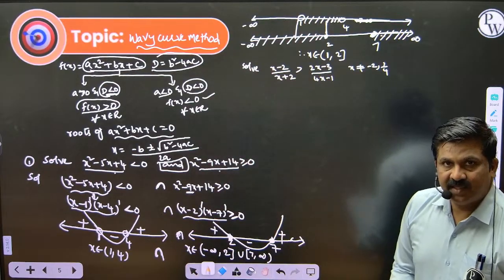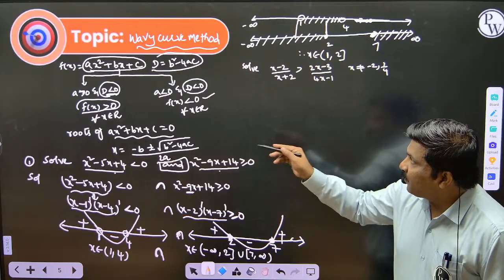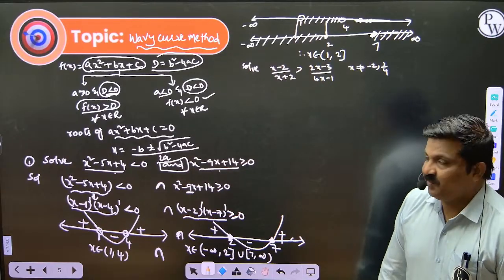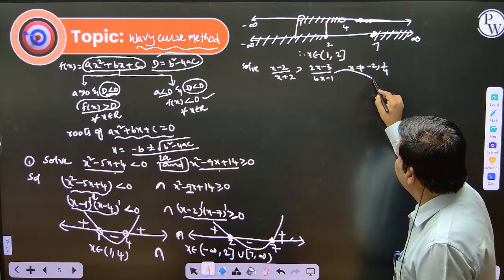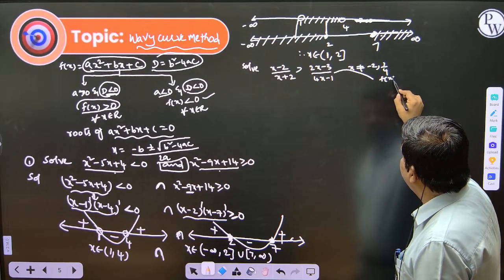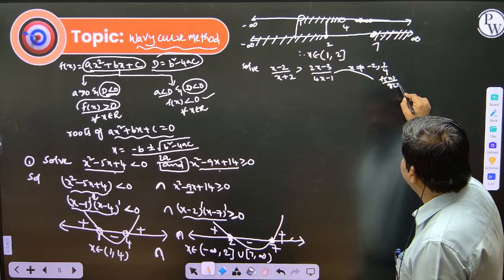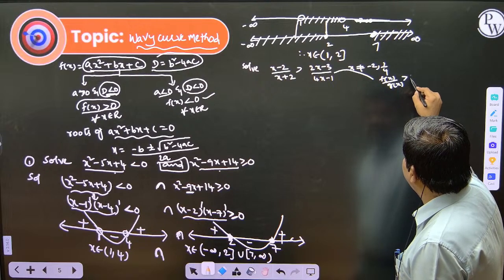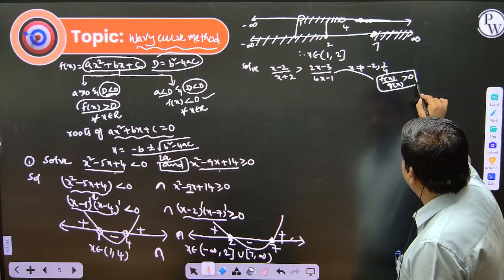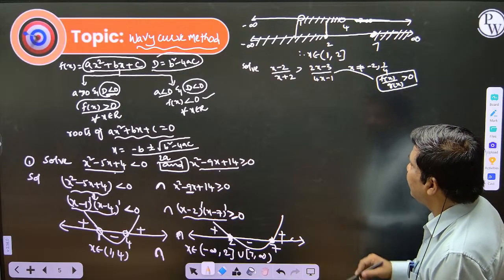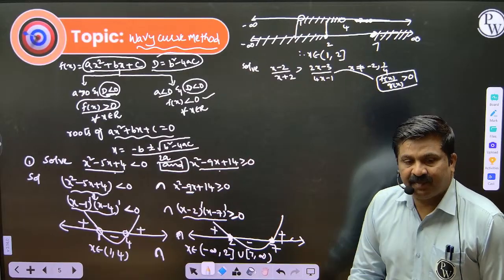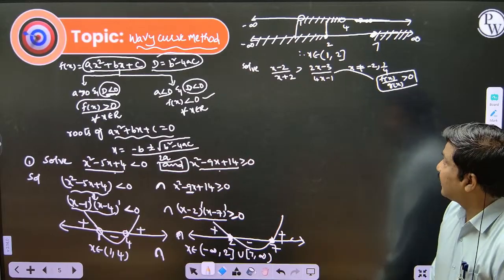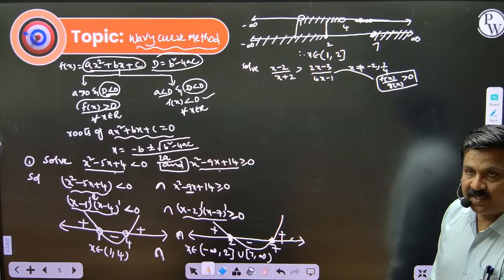If you want to apply the wavy curve method, certainly this should be converted into which form? f of x by g of x greater than 0 form. If you want to apply the wavy curve method, this should be converted into f of x by g of x greater than 0 form, or not.